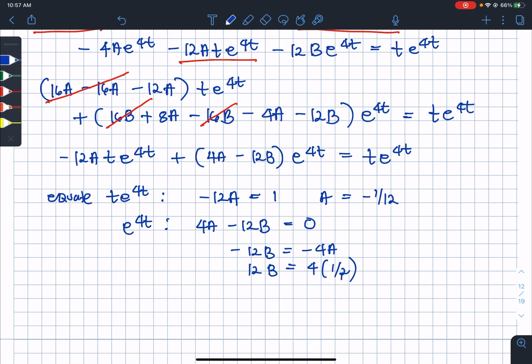So b then would be 4 over 12, which is 1/3, so 1 over 36 for b. Am I correct?